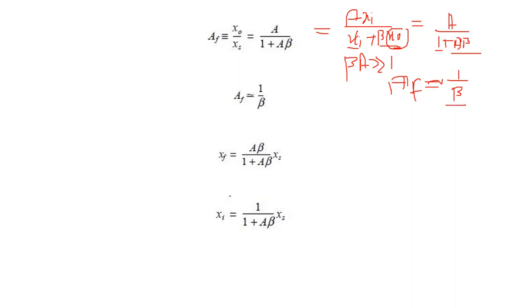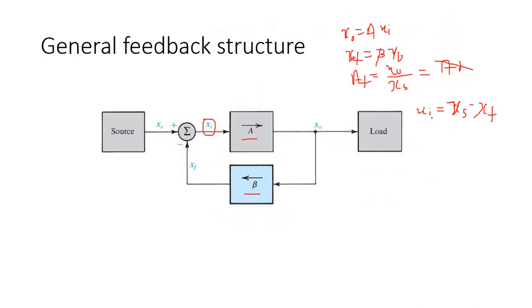Next we'll check the relationship between the feedback signal Xf and the source signal Xs. So we'll take the equation Xf equals beta into X naught. So X naught, we know that this is beta into A into Xi. Xi, we know over here it is Xs minus Xf.